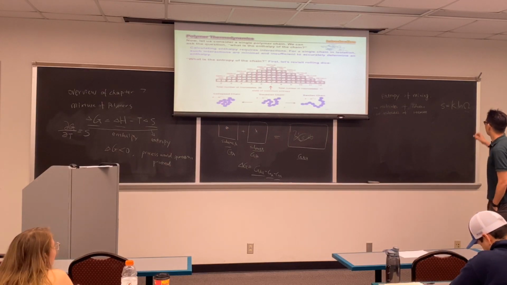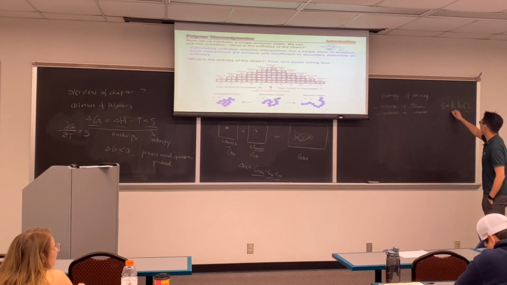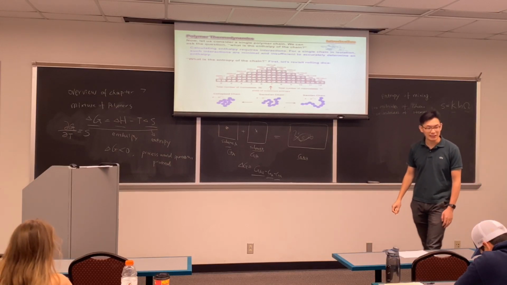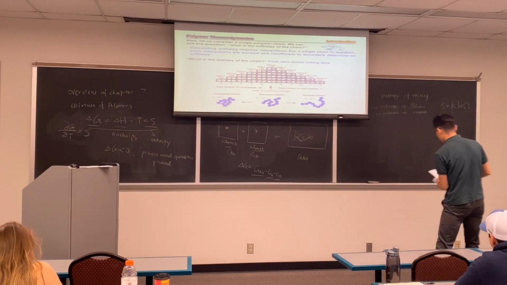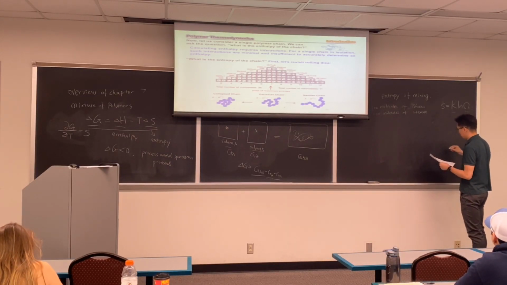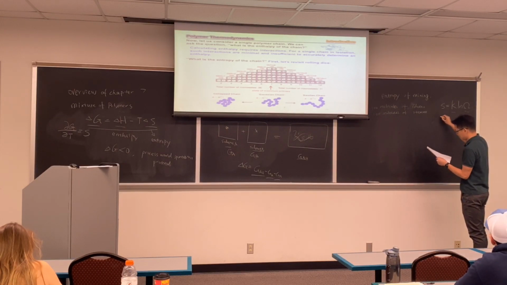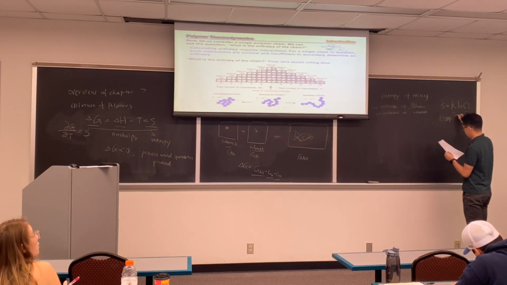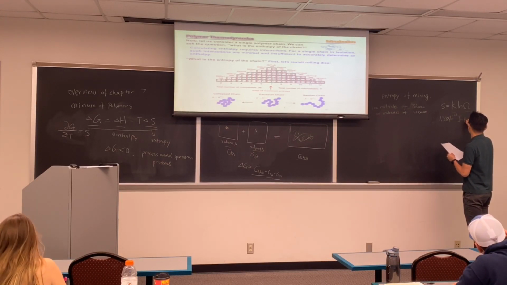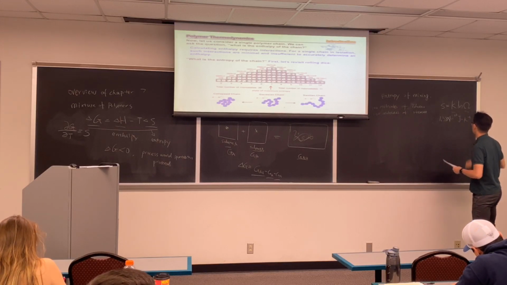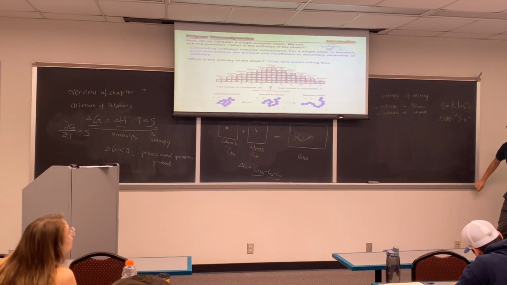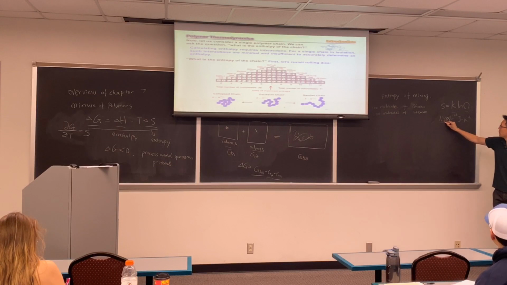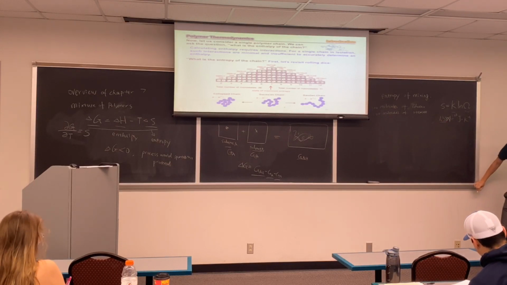Okay, and k is called the Boltzmann constant. It's a classical parameter related to quantum mechanics. So k equals 1.38 times 10 to the minus 23 joules per kelvin.